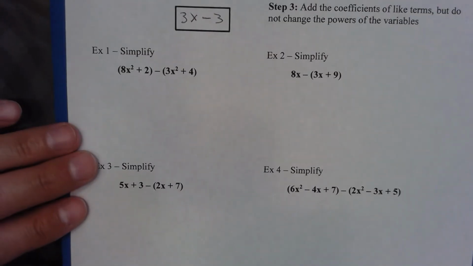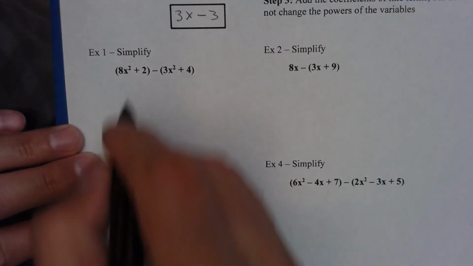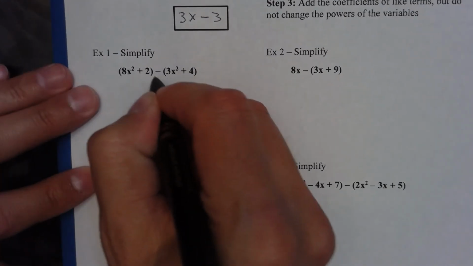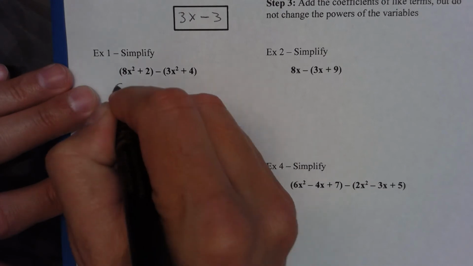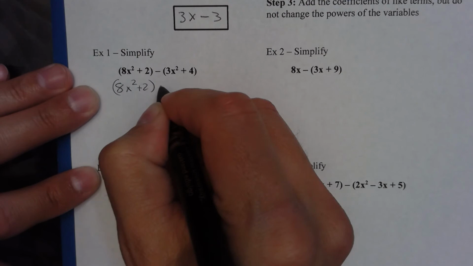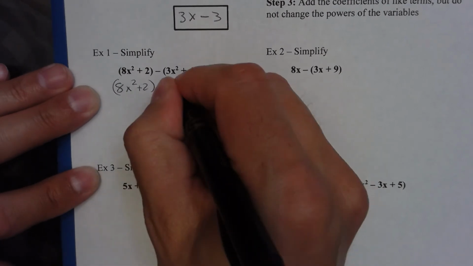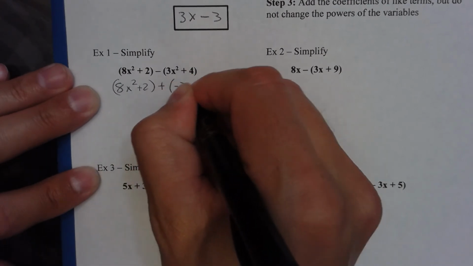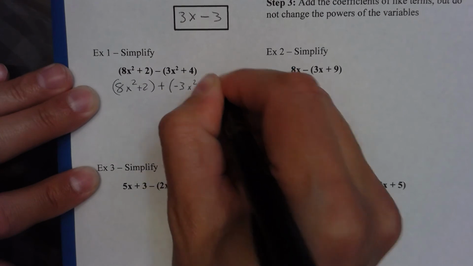Let's try and simplify number 1 here, example 1. Okay, we got to change the sign because of that negative, so I'm going to keep my 8x squared plus 2, and that's fine, but I'm going to make this a positive and then change the signs of everything inside.